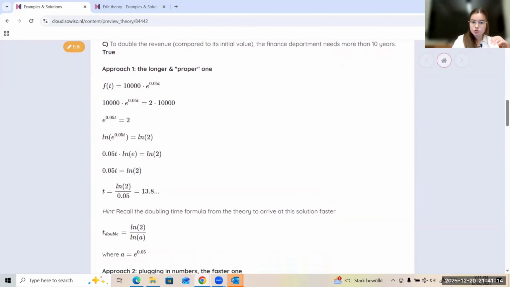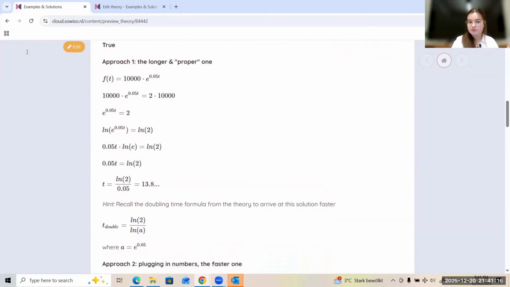There are also shortcut formulas for this. You can just memorize the doubling time. So it's ln of 2 over ln of your base, the base growth. But if you forget it, because on the exam it's normal to forget things, you can also just solve it manually from the beginning by plugging in the numbers there. So here you say, okay, you're solving, you cancel this out.